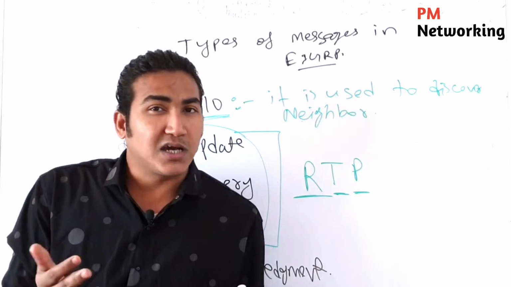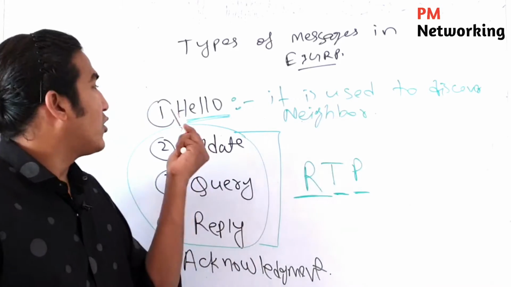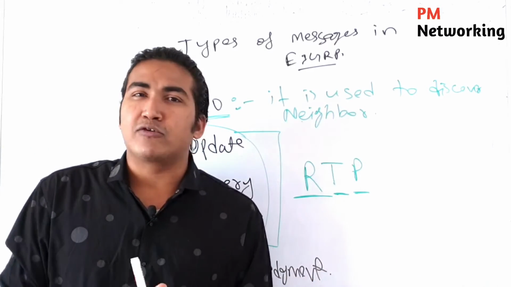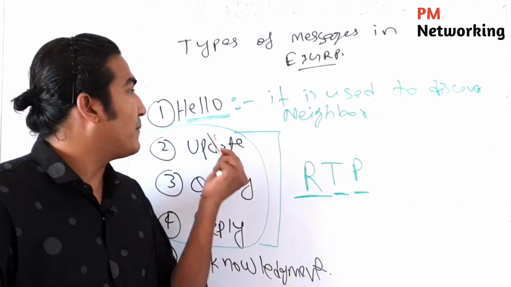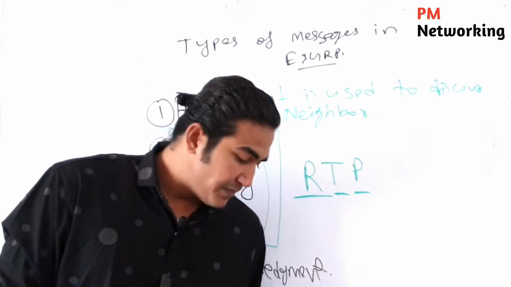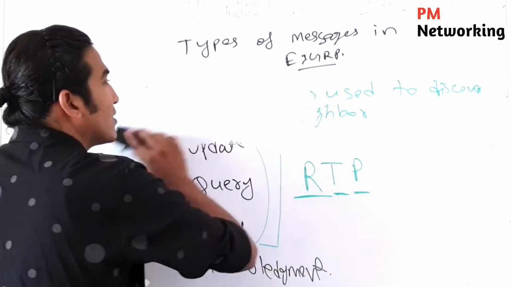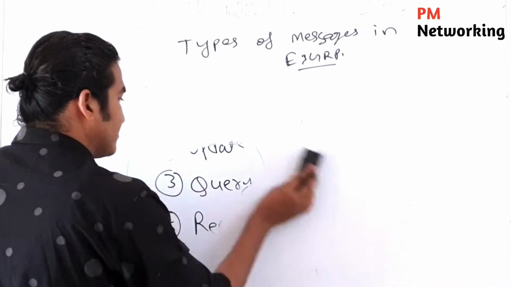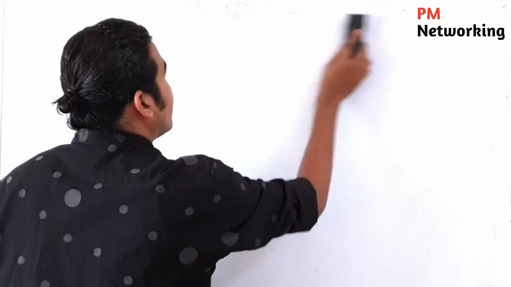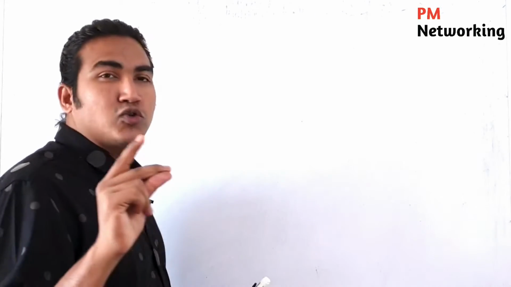First one is discovering neighbor, right? Hello message is used to form neighborship between 2 routers, and second use of hello message is keepalive, right? So first use of hello message is to form neighborship between 2 routers, right?